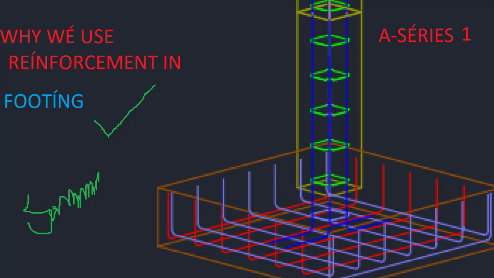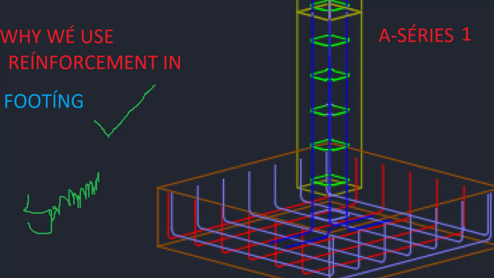In our B series class, we are going to talk about the analysis, and C series class probably the design. But here we just want to explain some of the things that we see on site, or probably sometimes when we read or study, we really don't get it.